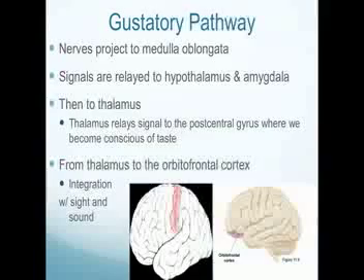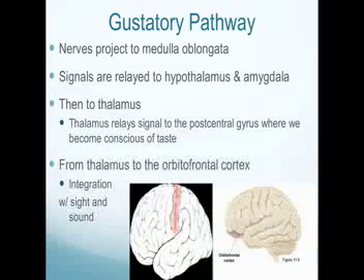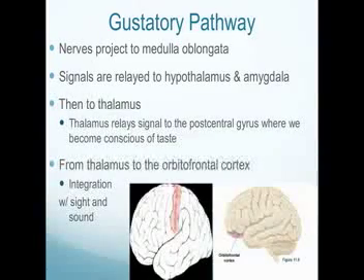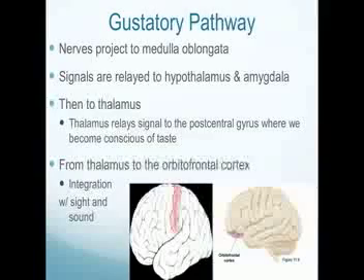From the hypothalamus and the amygdala, they're going to travel to the thalamus. And then the thalamus is going to send action potentials, neuronal signals, to, if you recall, that post-central gyrus that we discussed. That's where we become, as we know, hey, this tastes good. We're conscious of what we're putting in our mouth.